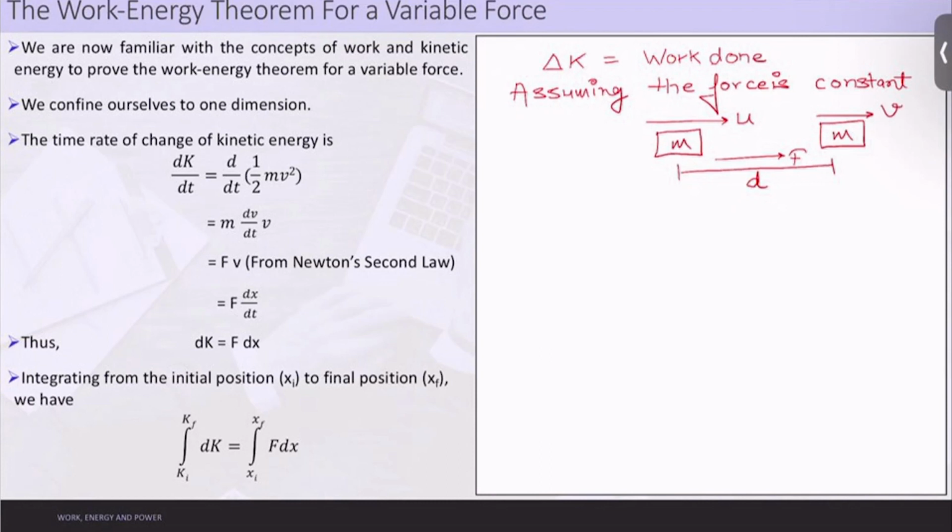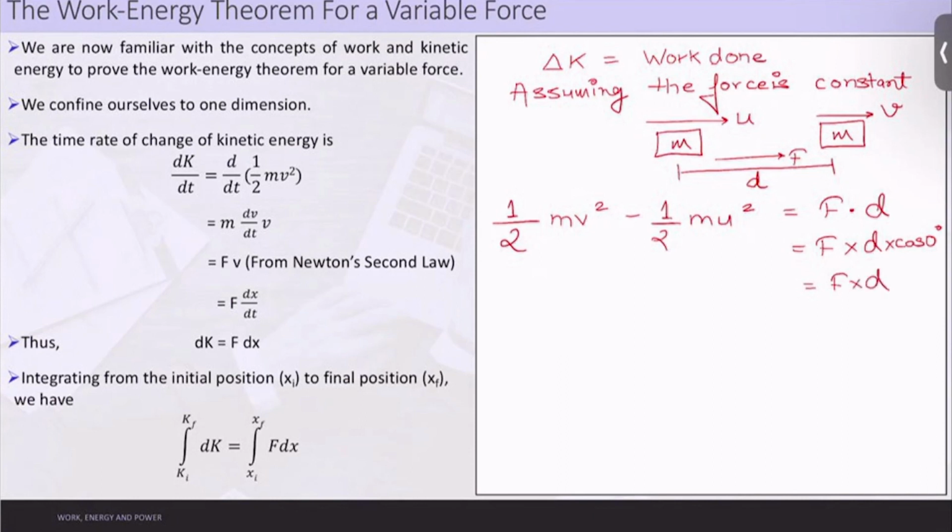Then we can say that the change in the kinetic energy, that is final minus initial, half mv square minus half mu square, is nothing but equal to the scalar product of F and d. In this scenario, it can be written as F multiplied by d into cos of 0 degrees. As cos 0 is 1, we can write this as equal to F multiplied by d directly. Only in this case, because F and d are in the same direction. Fine. So this was the simple kinetic work energy theorem.